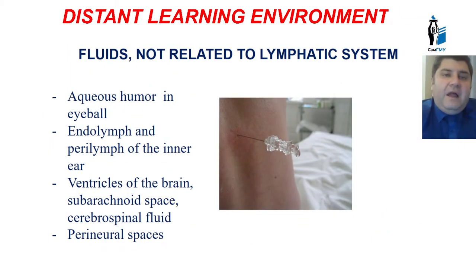So I want to repeat that there are fluids in our body that are not related to the lymphatic system. For example, you may see in this picture cerebrospinal fluid from the subarachnoid space, and you must also know that aqueous humor in the eyeball, endolymph and perilymph in the inner ear, and fluid in the perineural spaces are not lymphatic fluid.